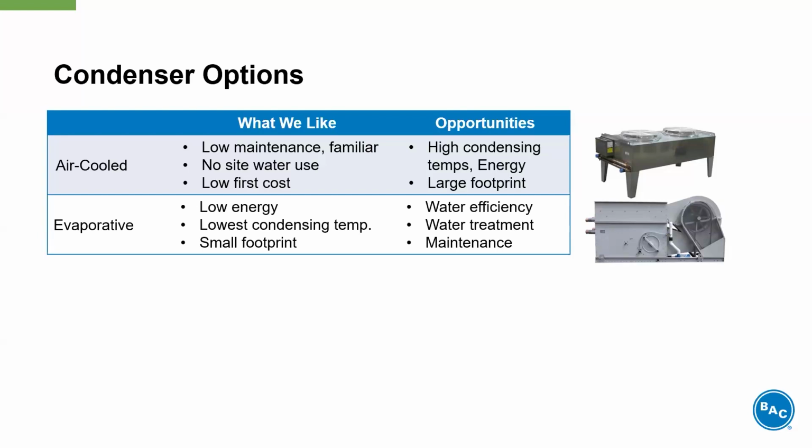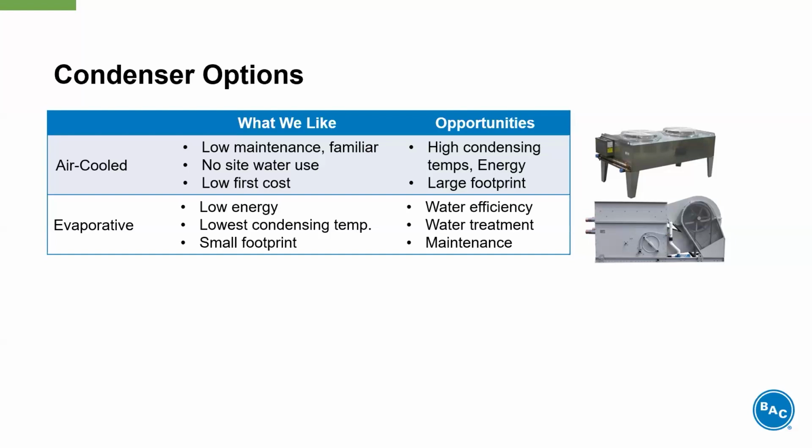Evaporative condensers are going to allow you to achieve your lowest condensing temperatures, which means they will be the most energy efficient option. Also, because we're using the power of water through evaporation, we need much less surface area on the coil, so the equipment tends to have a smaller footprint.